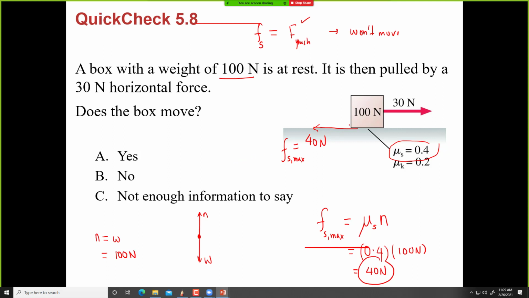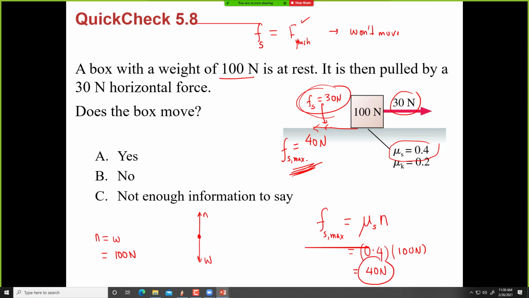But at this instance, it's not moving. So for this instance, the static friction is only 30 Newton. Okay, so it would be equal to that. Make sure that the friction force here at this instance is not 40. 40 is the maximum it can go. Okay, does that make sense?